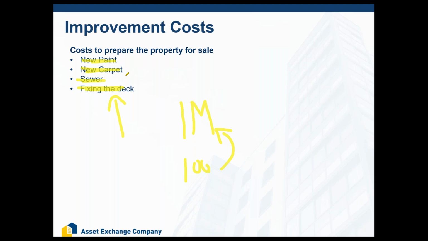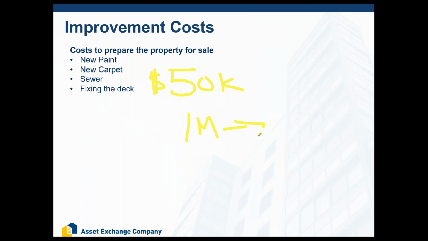Put some lipstick on this pig, and we'll sell it for a great price, but you got to make it look nice. So your client says, okay, I can do that. Your client spends $50,000 on fixing up the property, and you list it for $1 million, but guess what? Because you fixed it up so nice, you got it in contract for 1.1. Woohoo! Congratulations. Now your client's going to do an exchange because they have so much tax bill.